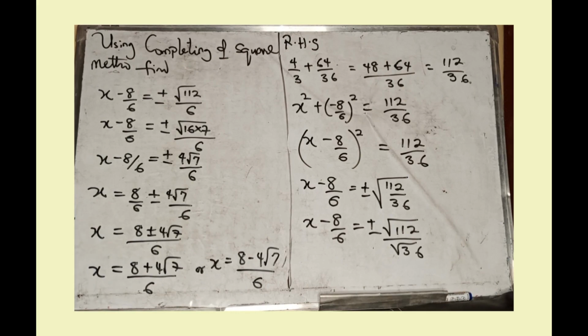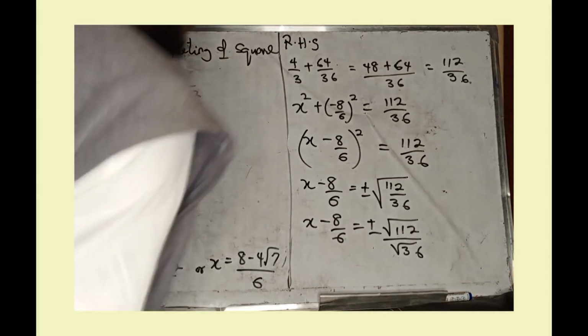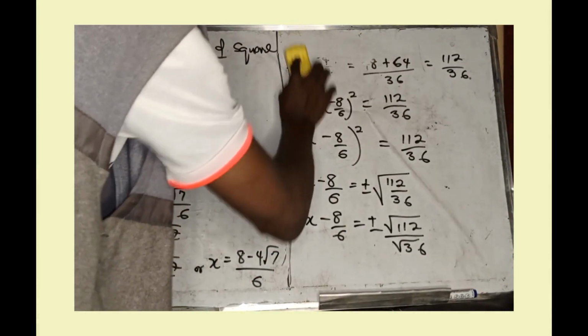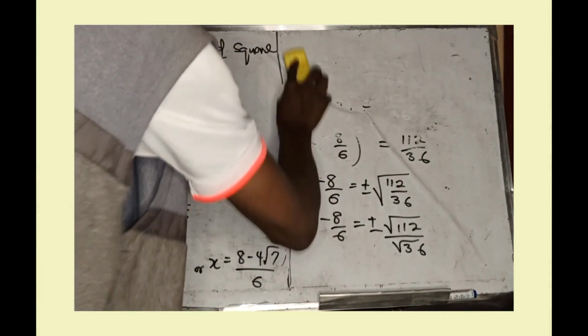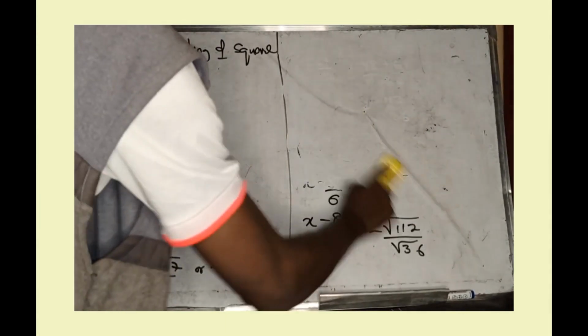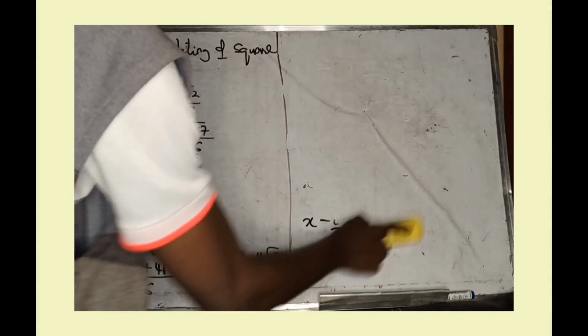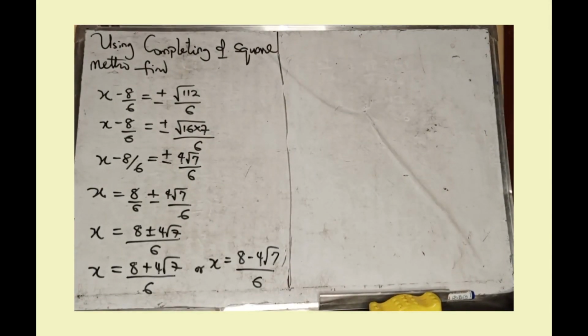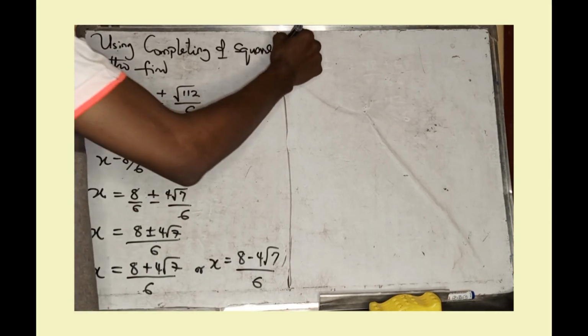So at this point now, I can still choose to simplify further my answer, to break it down to its lowest term. Okay, now let's move on. So for the first one, I can choose to factor out 4 from the numerator.